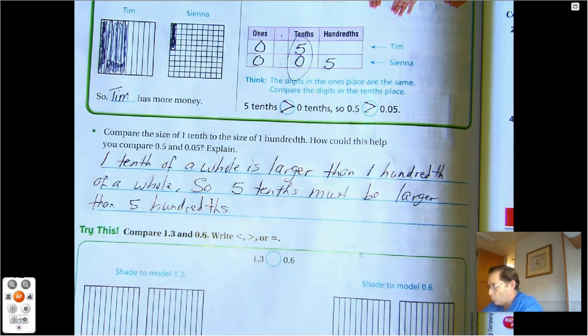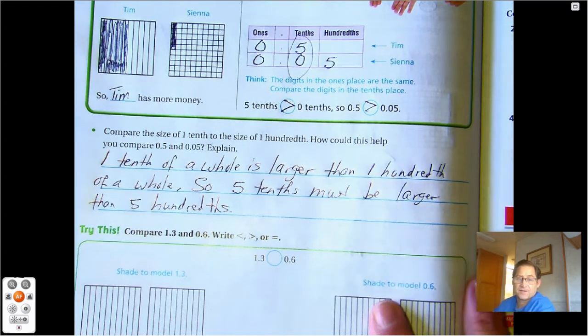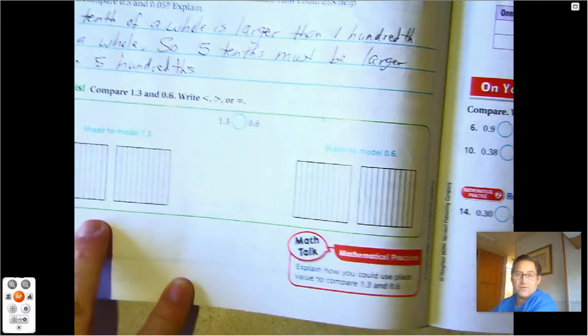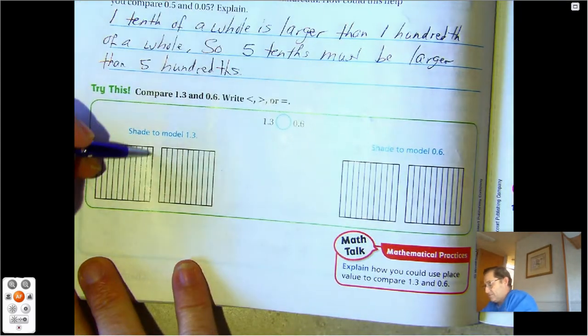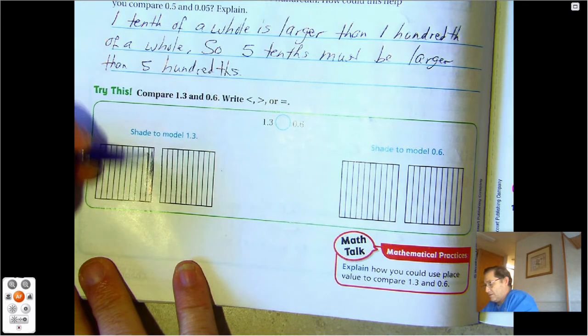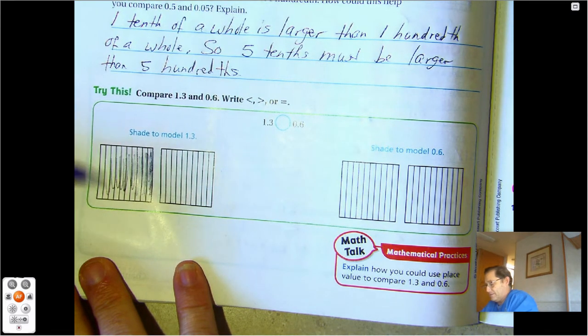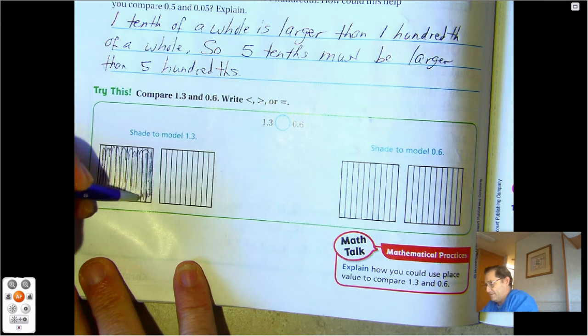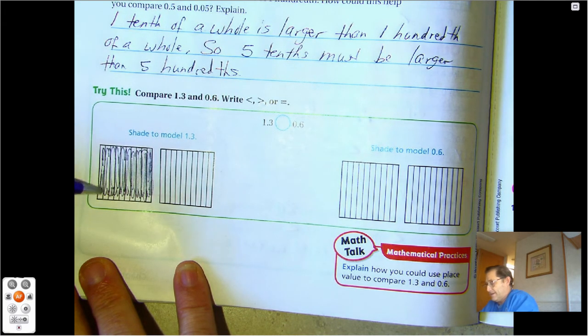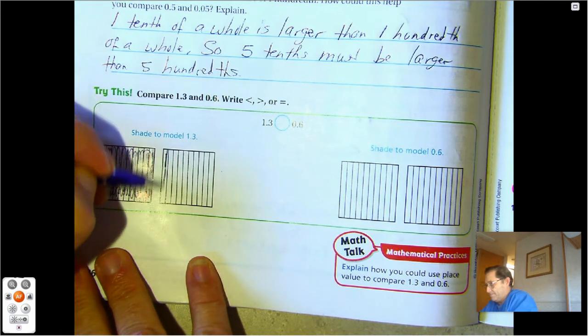All right, compare 1 3/10 to 6/10. Less than, greater than, or equal. All right, so if we're going to shade this 1 3/10, that would be a complete rectangle. All 10 parts would be shaded. And then 3/10 of the second one.